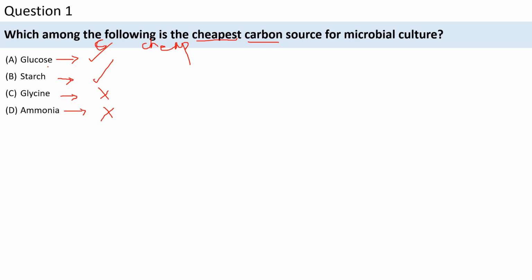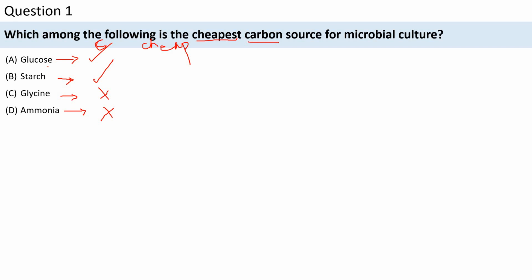If starch is present, for example in cornstarch, it can be used as a microbial carbon source. We can do some enzymatic treatment, or use amylase for breaking down into glucose.